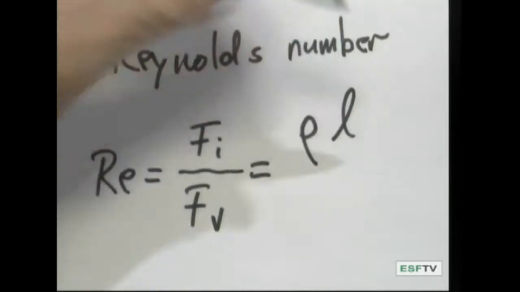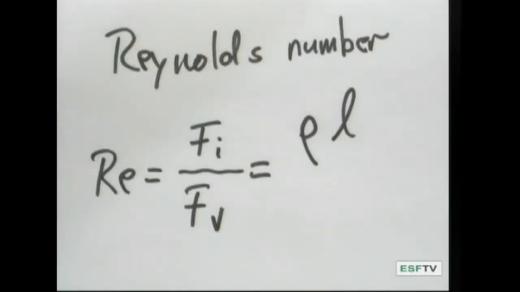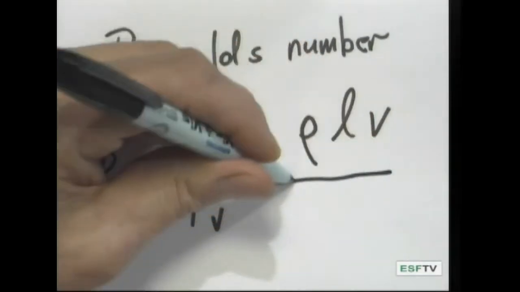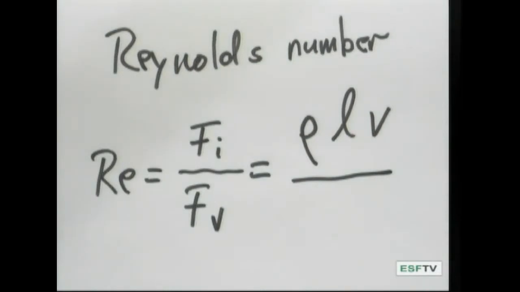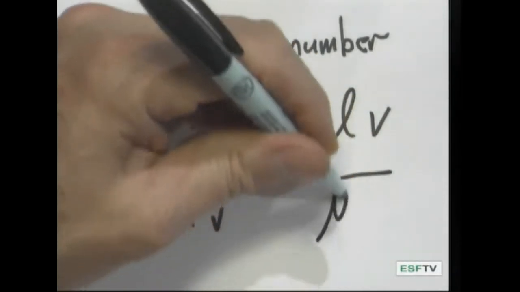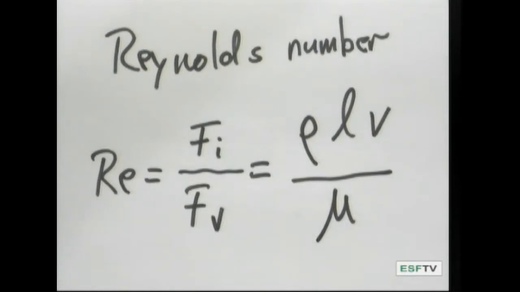You have a length of an object, L, and how you define that will vary from object to object. And then you have the velocity of the fluid with respect to the object itself, V. This is over another term in the denominator, and this is the viscosity of the fluid, usually abbreviated with a mu.